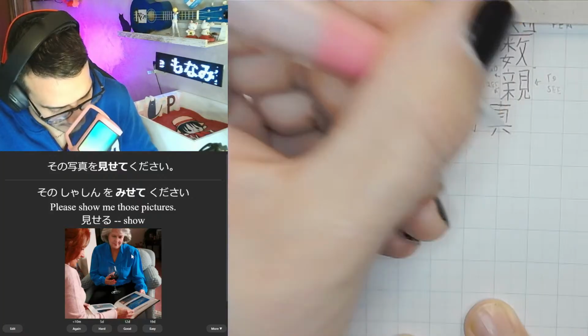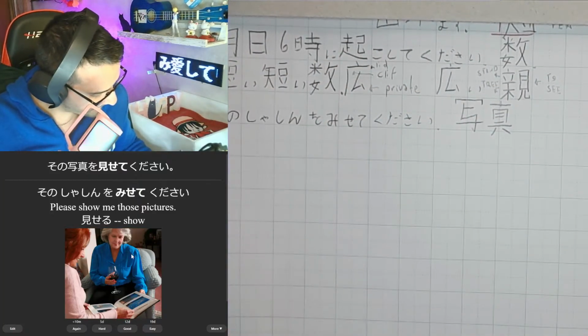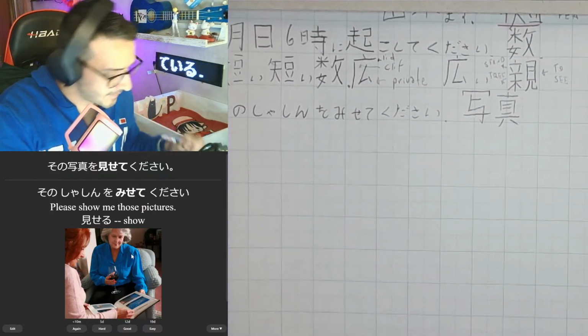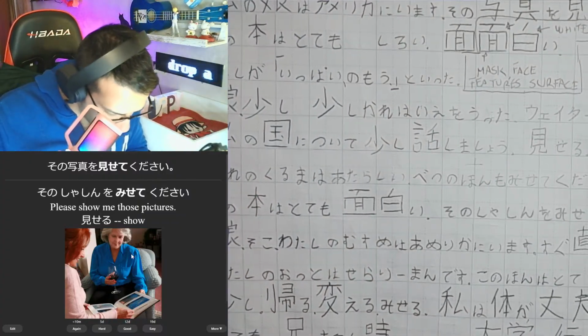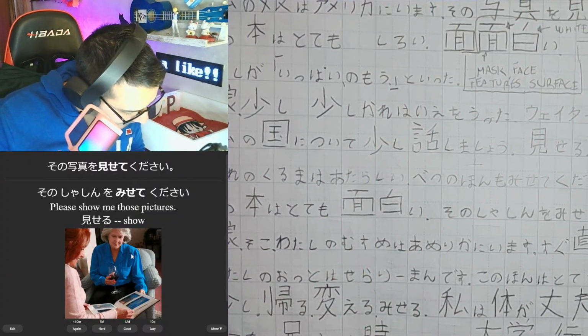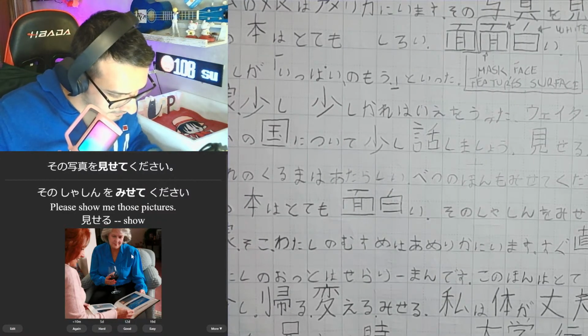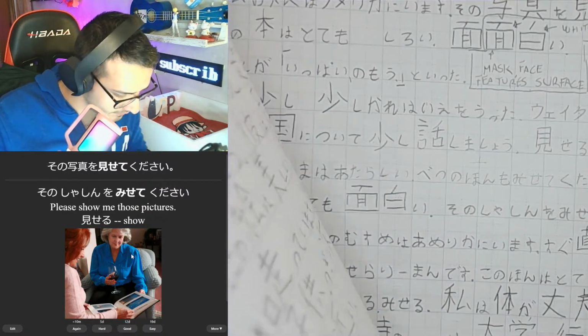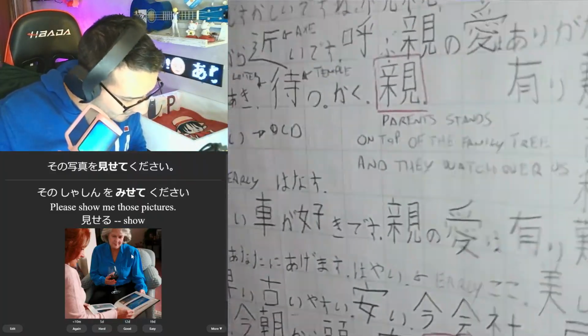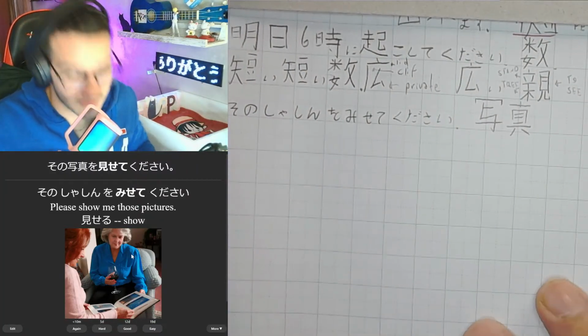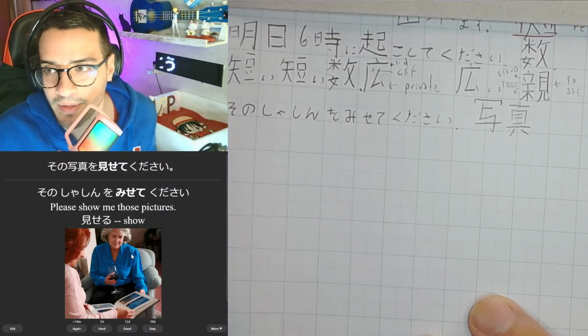And the bottom part. Shashin. I don't know, I can't find the shashin one.